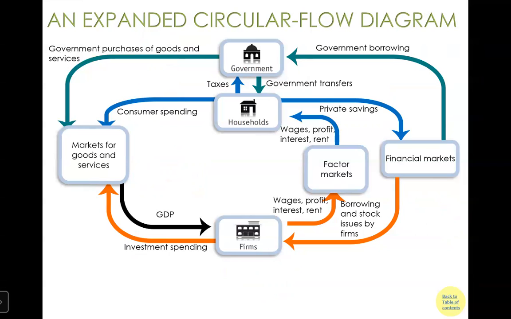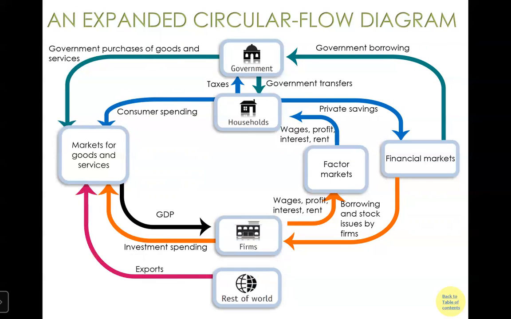We are going to include the rest of the world, or other countries. So essentially, we are going to introduce import and export. So now let's see what happened. Export means the rest of the world is going to purchase goods and services we produced.